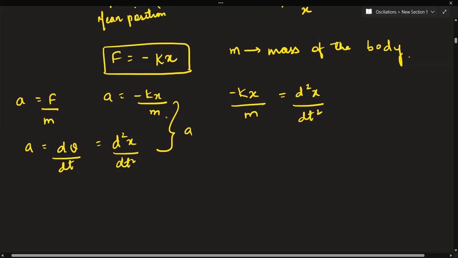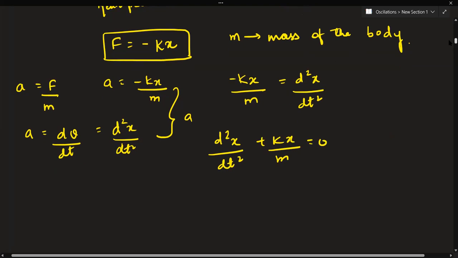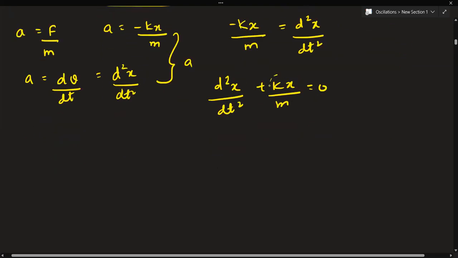All right. Now if I bring this term along with this, it will be d square x divided by dt square plus kx by m equals 0. Now this k by m that we are getting is nothing but, as you are already aware, the square of angular velocity, omega square. So if you have to calculate omega, the angular velocity, it will be the square root of k by m.